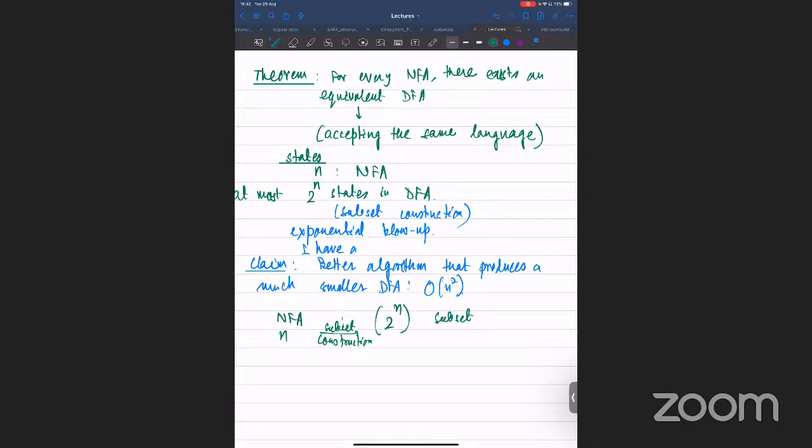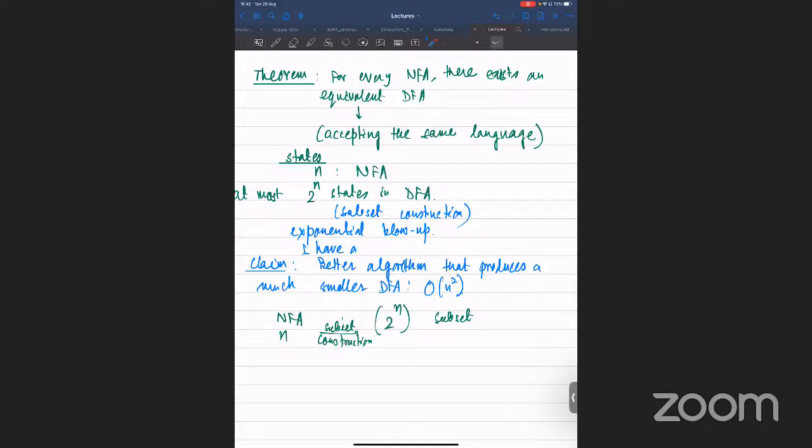Now, the question is, if I indeed have that, does it give an answer to my claim, that a better algorithm cannot exist because the subset construction is giving you this? Does it give you an answer? Exactly.